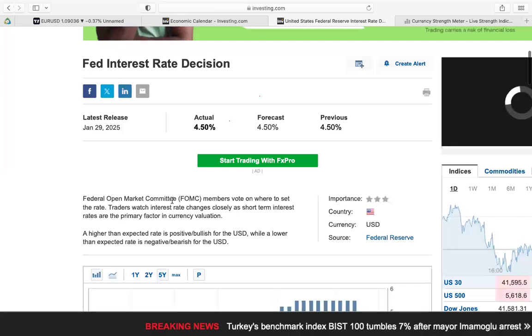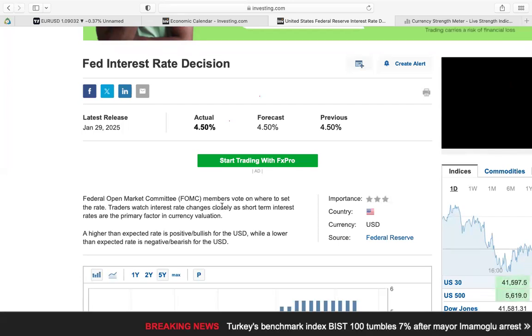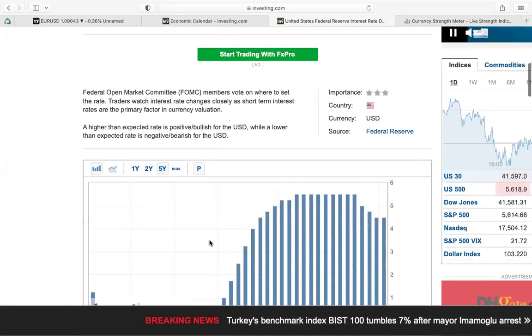Federal Open Market Committee members vote on where to set the rate. Traders watch interest rate changes closely as short-term interest rates are the primary factor in currency valuation. A higher than expected rate is positive for USD, while a lower than expected rate is bearish for USD, right?